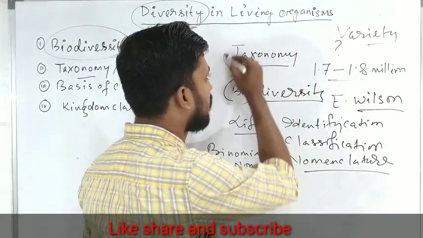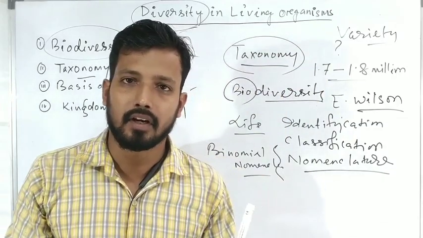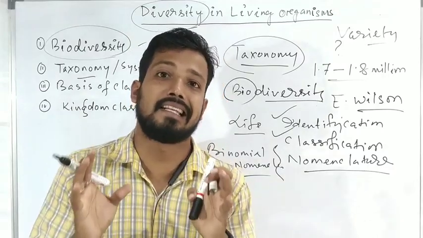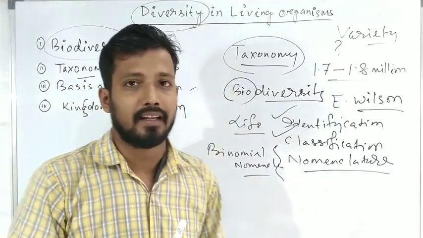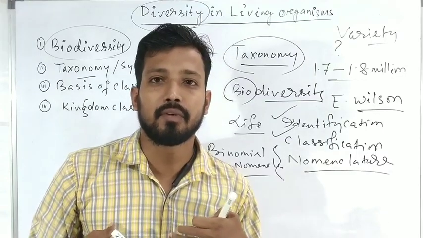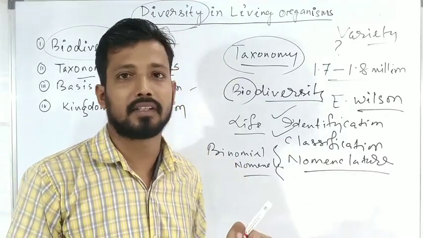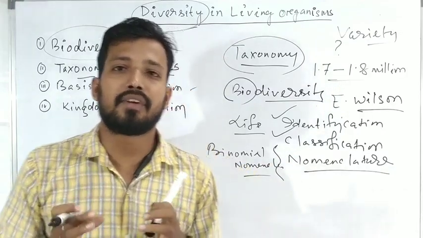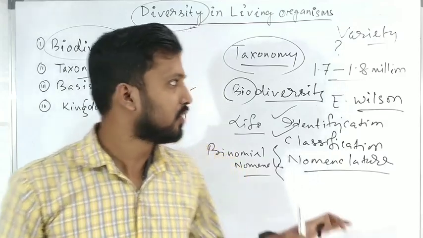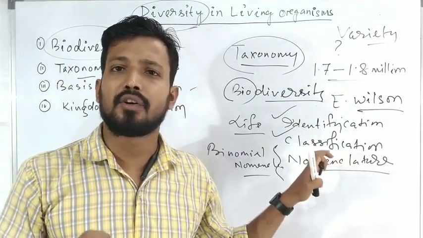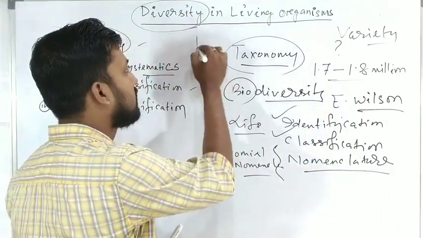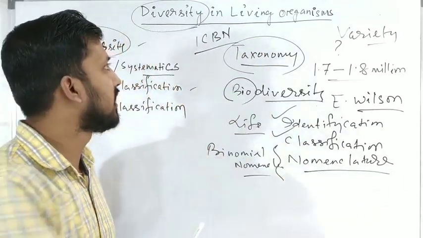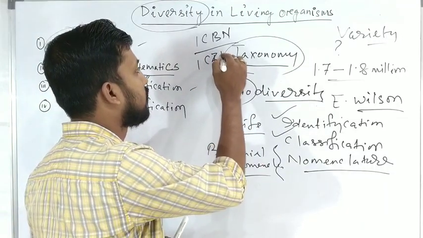So here in taxonomy, for all sorts of organisms, we have to identify them, we have to classify them, and we have to assign them certain names. For example, we are human beings, and there is a scientific name, Homo sapiens. In the case of mango, Mangifera indica. In the case of neem tree, Azadirachta indica. So different types of names are there, and there are certain rules according to ICBN, the International Code of Botanical Nomenclature, and ICZN, the International Code of Zoological Nomenclature.